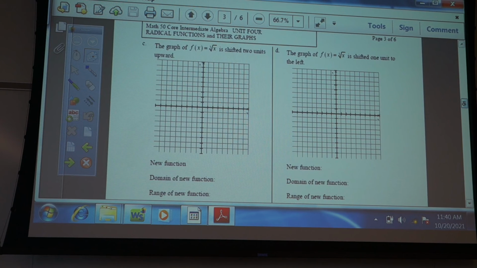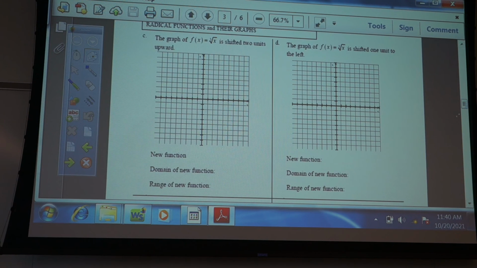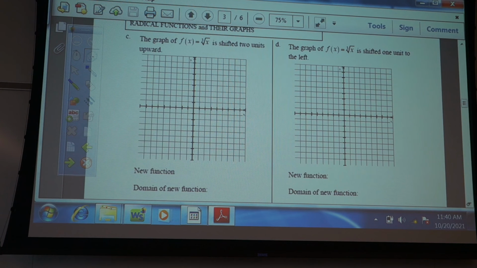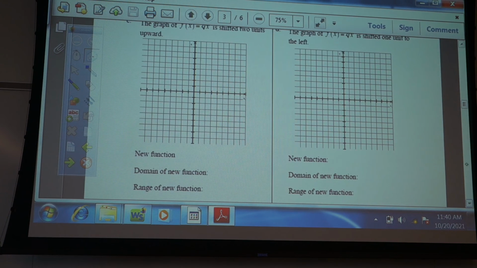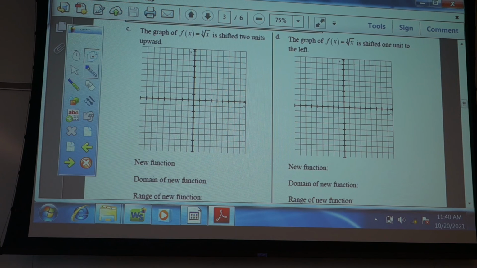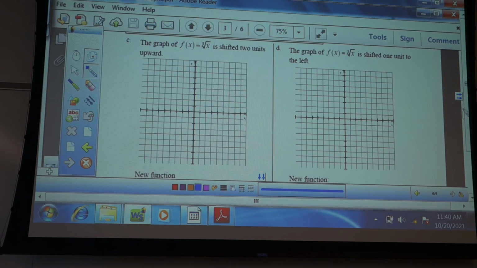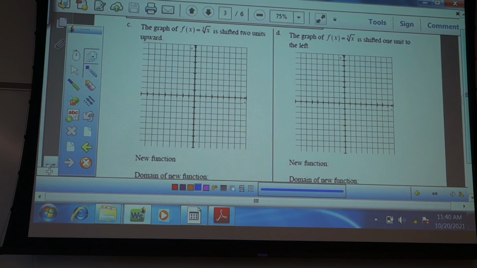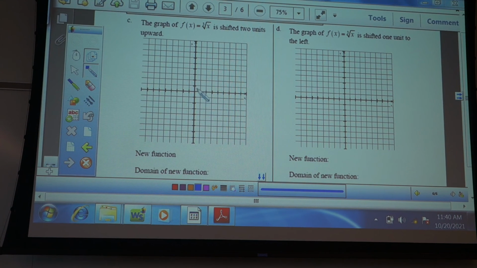So C and D, okay, well, I'll do C with you first before we go. This one is 2 units up. Everyone mark where it's 2 units up. You start from the origin.